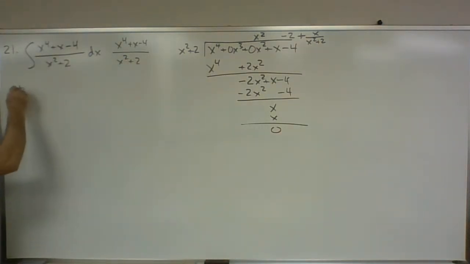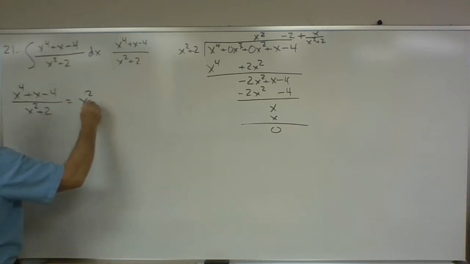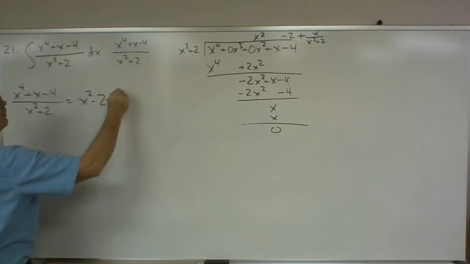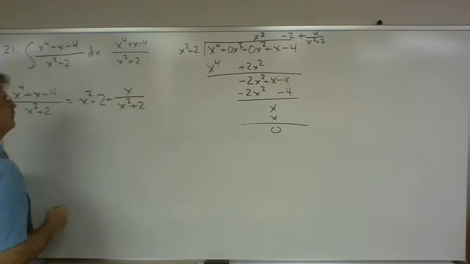So x to the fourth plus x minus 4 over x squared plus 2 is exactly the same as x squared minus 2 plus x over x squared plus 2.